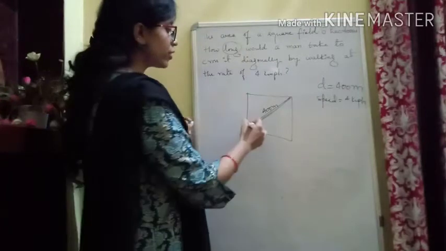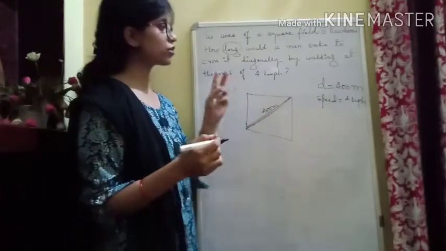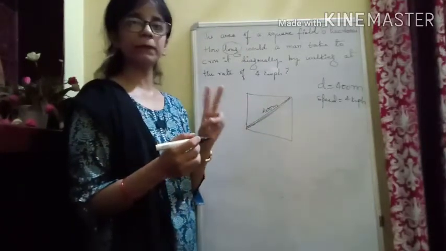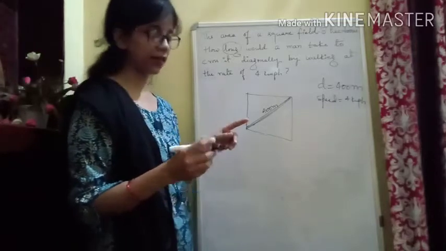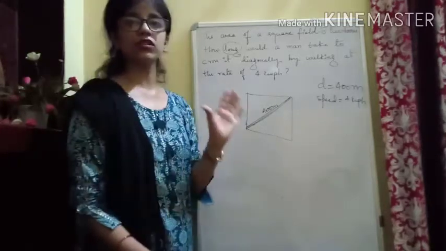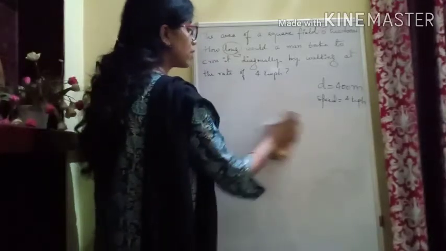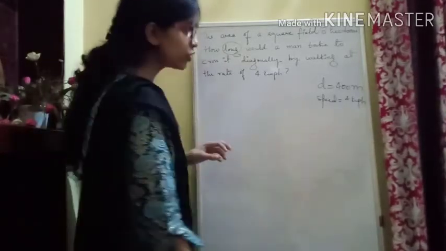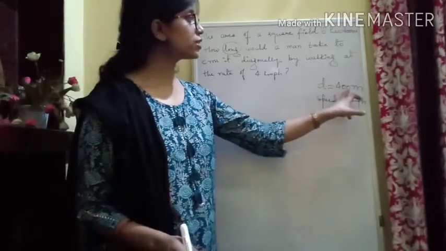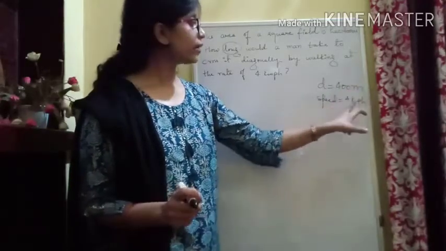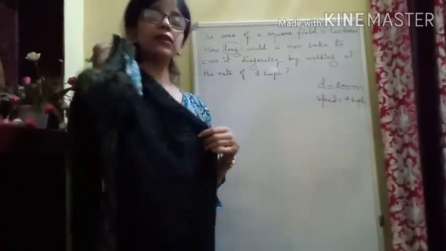That means what distance is he covering? 400 meter. What speed is given? 4 km per hour. So we have to calculate the time. It is simple. Speed is equal to distance upon time. This is what we are going to use. But before that, you see the distance we have calculated is in 400 meter, and here the speed is given in kilometer per hour.